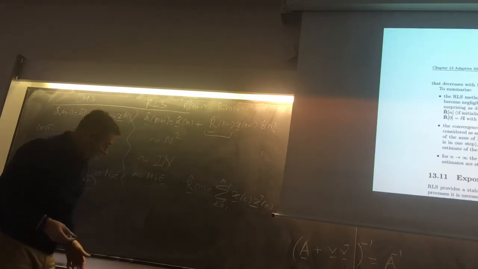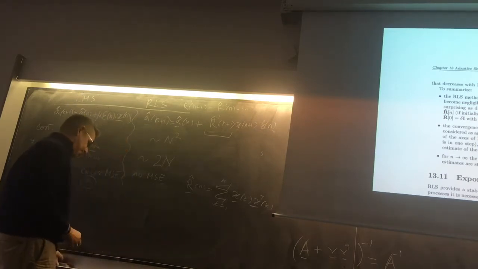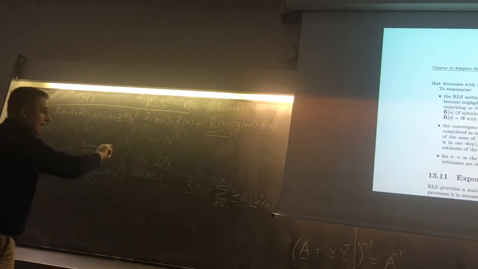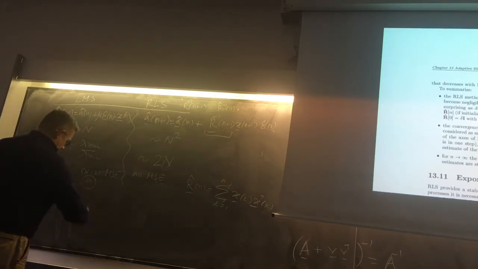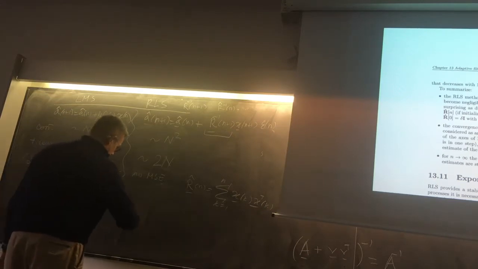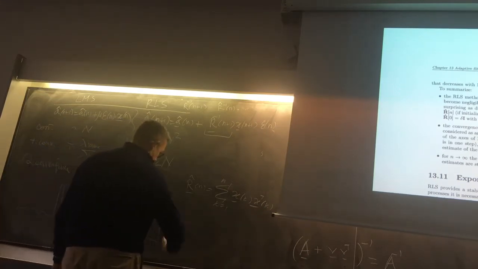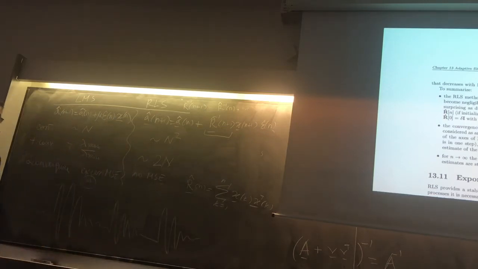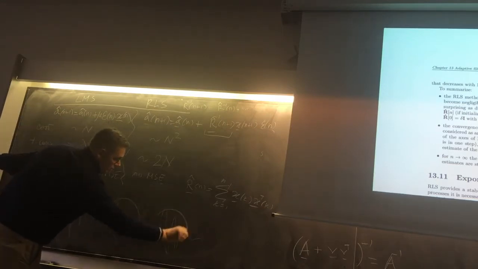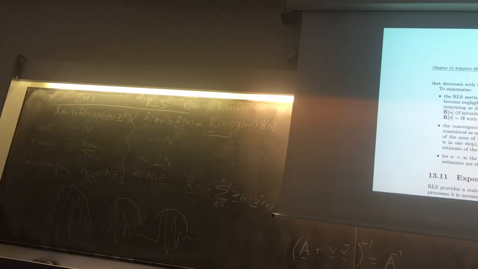So what I'm saying is this. If I make the RLS the way I just told you, and I have a signal that behaves this way: non-stationary, another non-stationary, another non-stationary. I don't know, it's a tree, earthquake, or whatever.